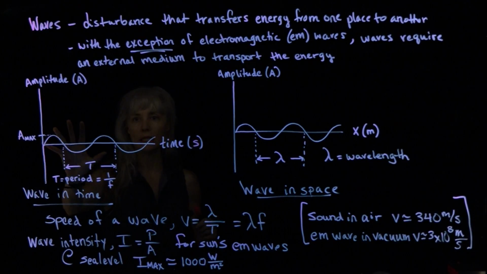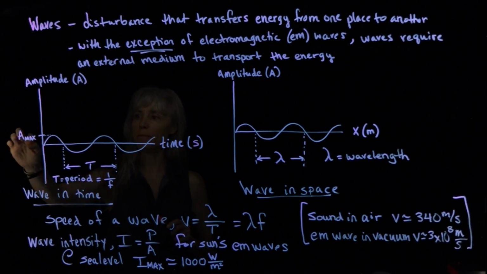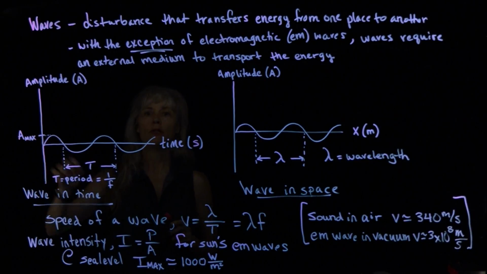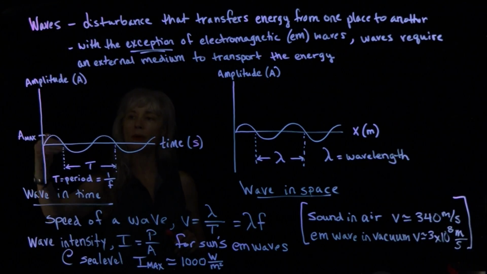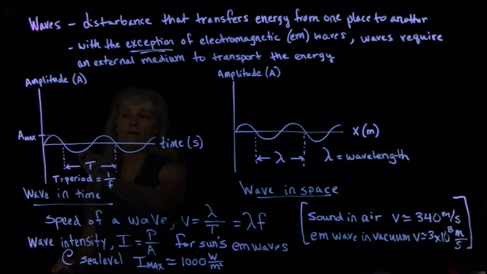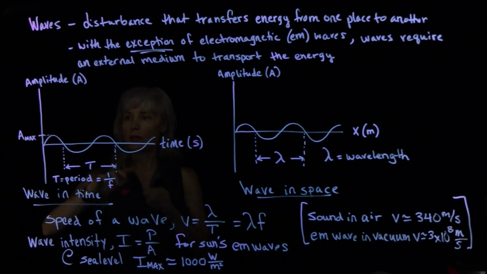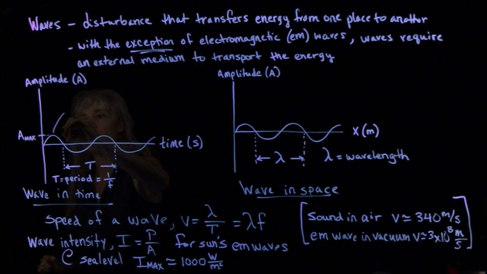Let's focus in here on the wave in time. Notice that there's some maximum amplitude that the wave is swinging through. So it's swinging through some maximum and some minimum. In addition, this wave is periodic. It's repeating itself. So notice that it goes through these highs. These highs are called crests.